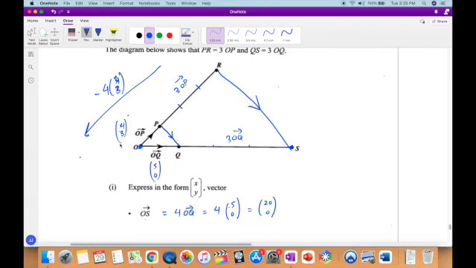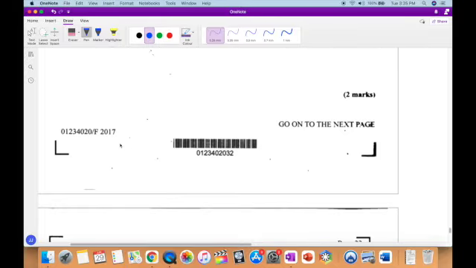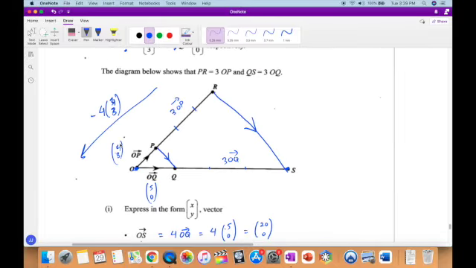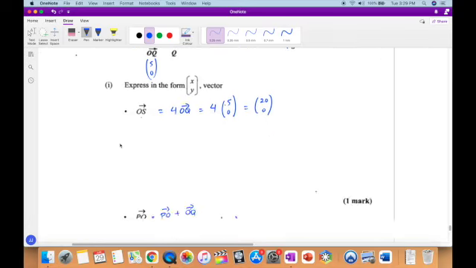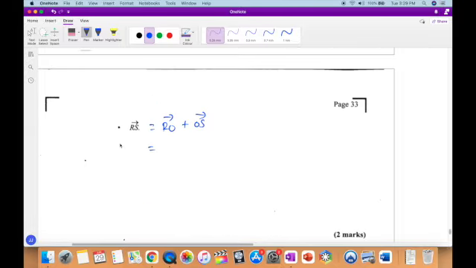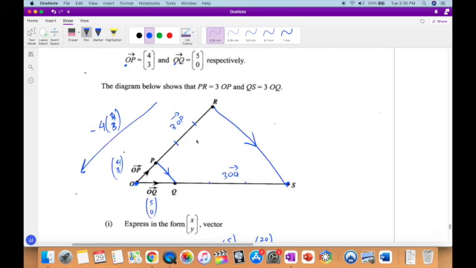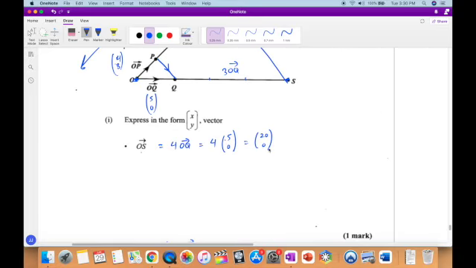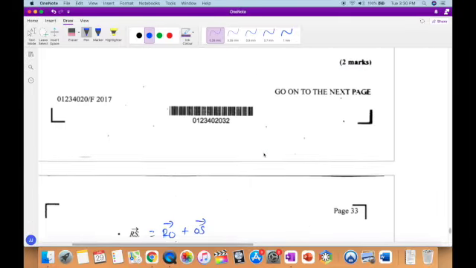So RO is negative 4 into [4; 3]. Plus OS, which is [20; 0].